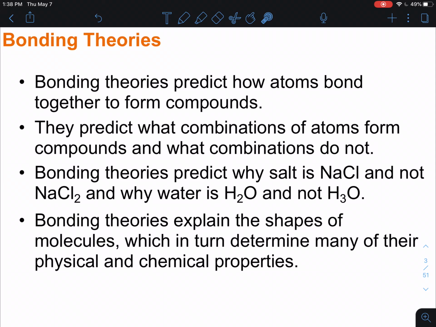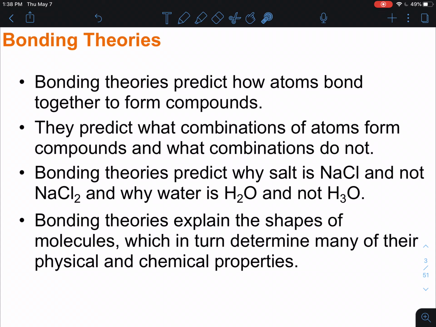to work out. Bonding theories predict why salt is NaCl and not NaCl2, and why water is H2O and not H3O, and we'll talk about that later. Bonding theories explain the shapes of molecules as well, which we will examine thoroughly.